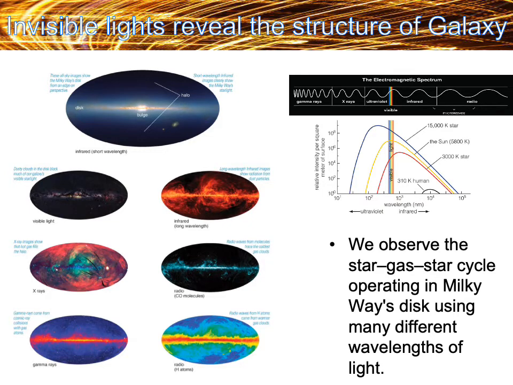And well, light, in the conventional sense, means the visible component of the light, something that our eyes can perceive.